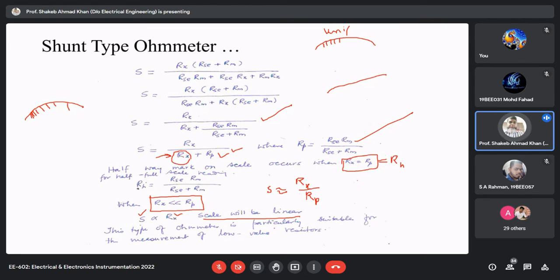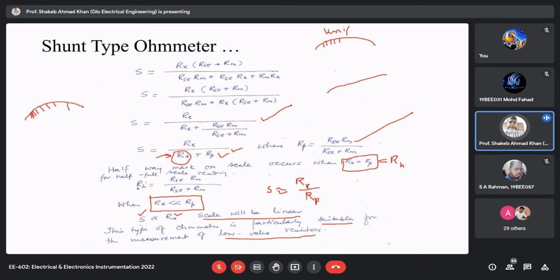Out of this finding, we are able to conclude that this type of ohmmeter is particularly suitable for measurement of low values of resistance. If you are making an ohmmeter for measurement of low values of resistance within the medium range, then this type of meter will have a uniform scale. Otherwise, it will have a non-uniform scale.